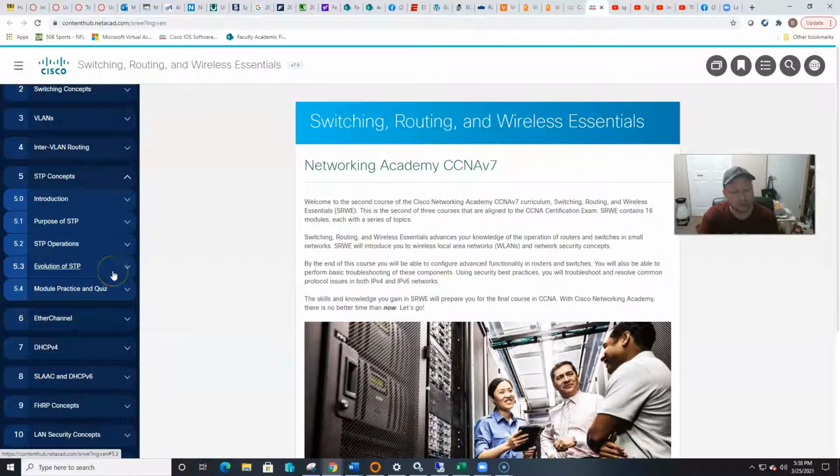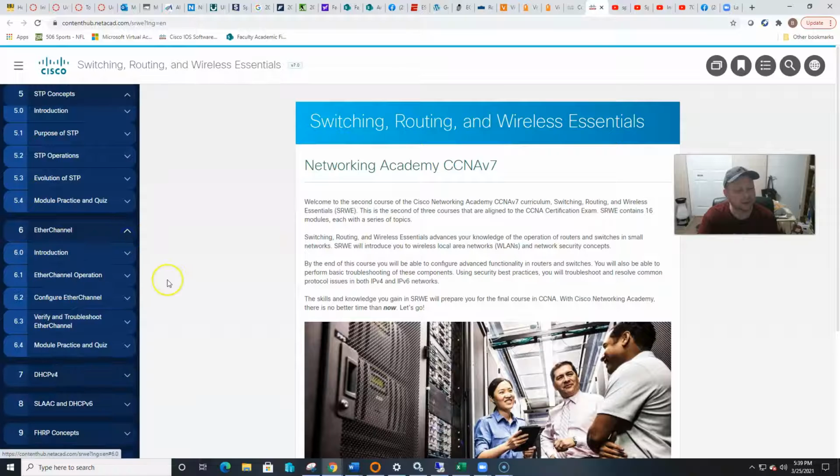STP's been around for quite a while, so it's changed a lot over the years. The original implementation of STP is not even used anymore. We're using other technologies like per-VLAN spanning tree and rapid spanning tree. Module 5.4 is just a quick review for you.